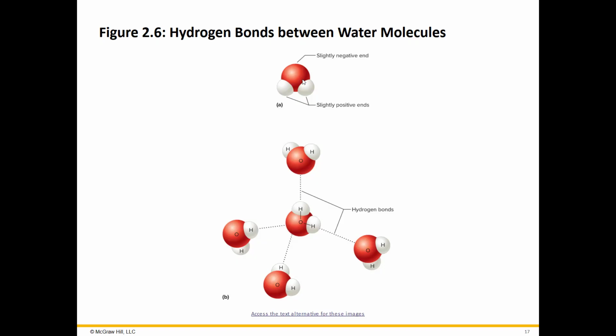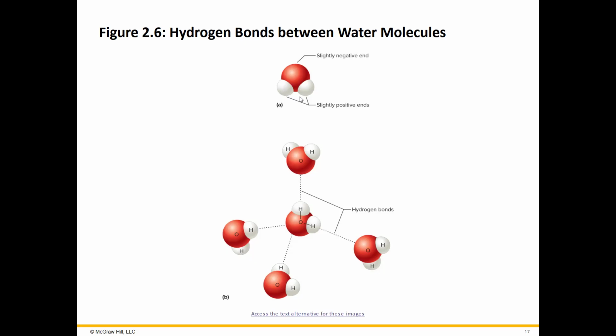And then it will share one electron with this hydrogen over here who will also share an electron, creating a single covalent bond. This will be a water molecule. And because oxygen is greedy with how often it pulls the electrons to its side, it is a polar covalent bond because it creates a slightly negative oxygen side and a slightly positive hydrogen side.